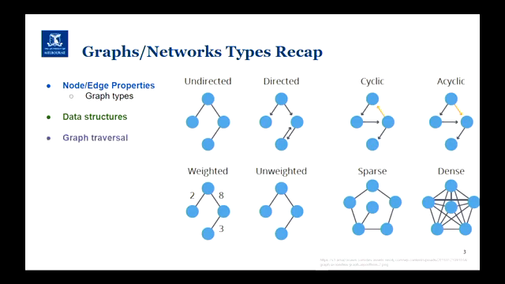We also talked a bit about two algorithms for graph traversal, how we navigate through these graphs: depth first search and breadth first search. Depth first search is more adequate to ask the question, is there a path between a given node A and B? It uses a specific type of data structure called a stack. Breadth first search is more adequate to identify the shortest path between nodes, and instead of a stack, it uses a queue.